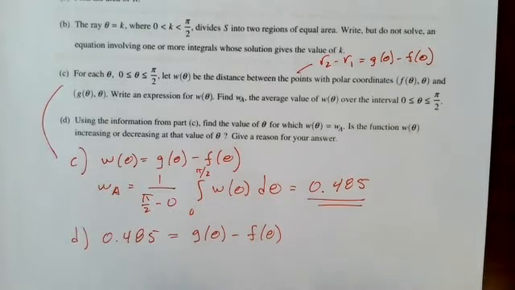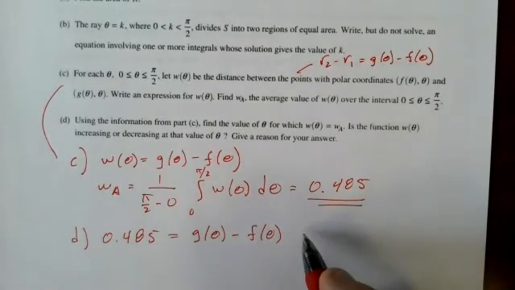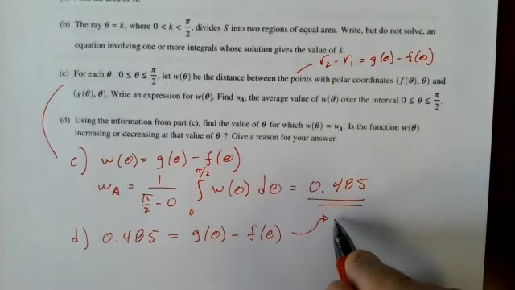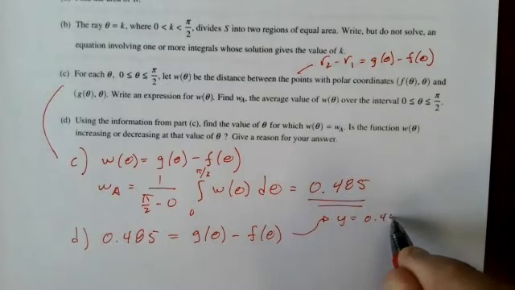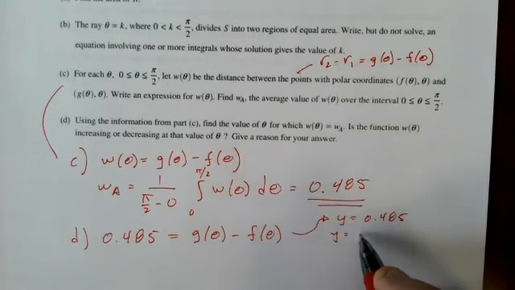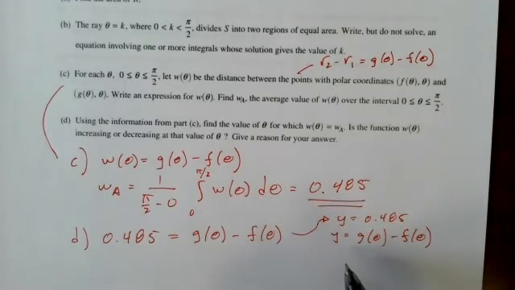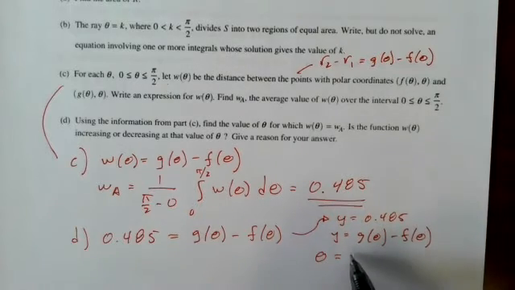Let's see, find the value for which W theta equals WA. I'd have to put this into the calculator, put Y equals, so yeah, I would do this in Y. Y equals 0.485, and then I do Y equals this whole nasty mess. Then I would use the intersect button and find out that theta equals 0.518.